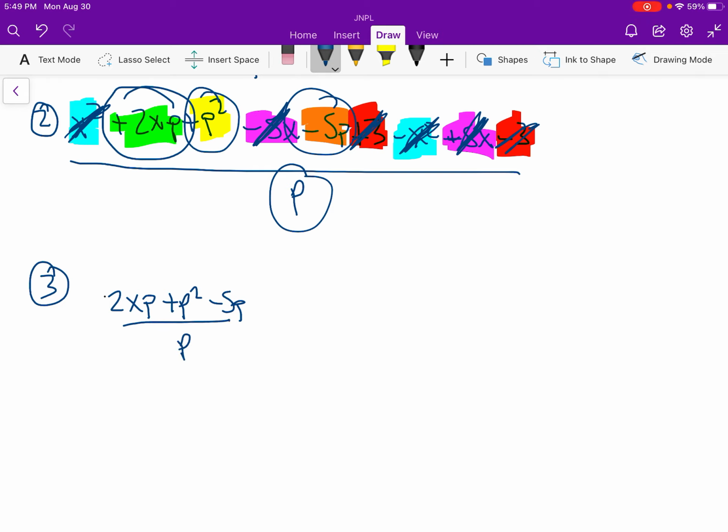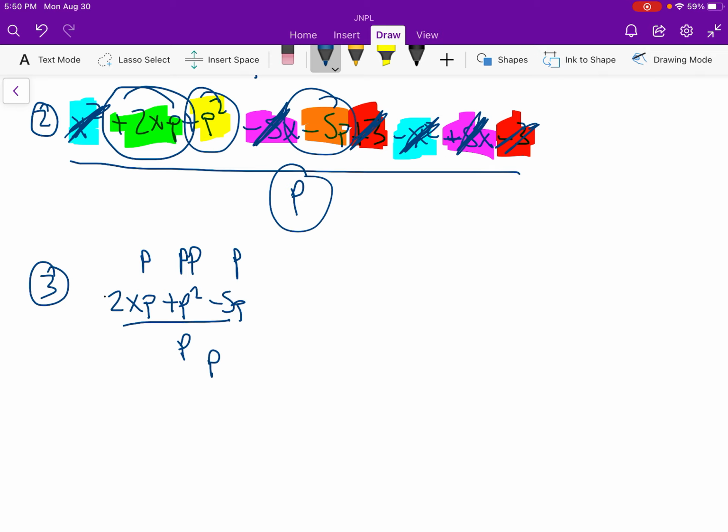Now, we actually can do one more thing. There's a p in every term. p here, p here, p here, p here. If there happened to be a plus 1 here, then we couldn't do anything else because there's not a p on that. But since there is a p on everything, we can simplify. Since this is just p right here, that really means there's only one p to the first, so that means 1p. p to the second means 2 p's, p times p, and then 1p here, 1p here.